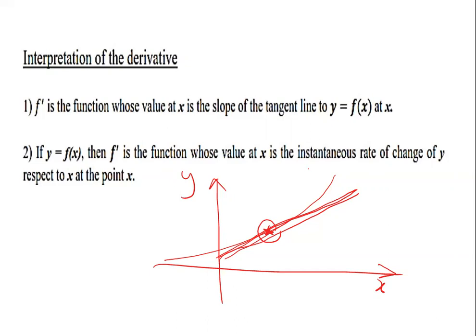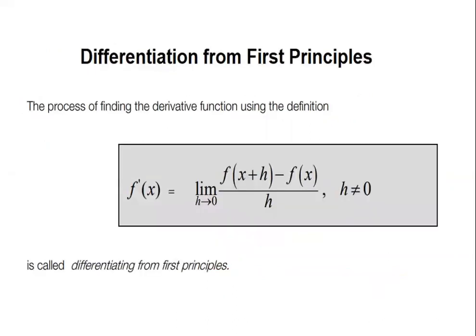And the process we're going to use is what we call differentiation from first principles. And why we call it first principles is because we are making use of the very idea that Newton and Leibniz came up with. And it's summarized in this particular formula that we have here.